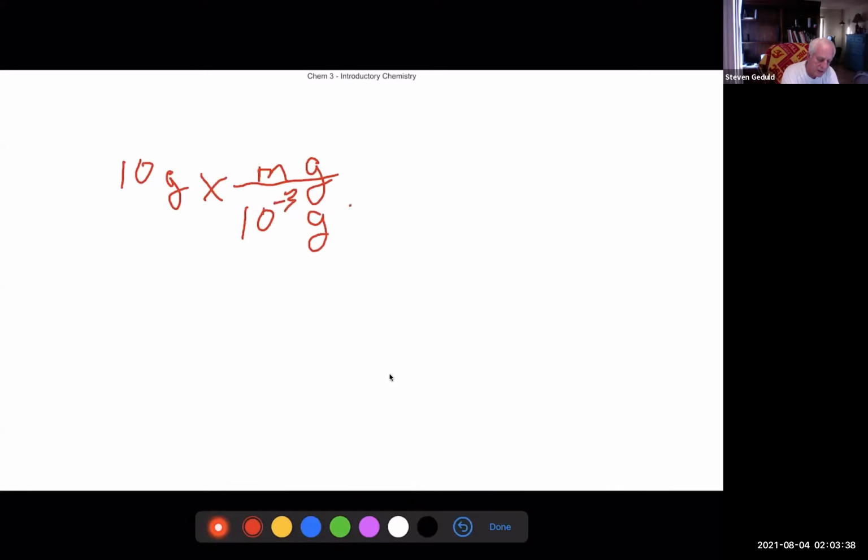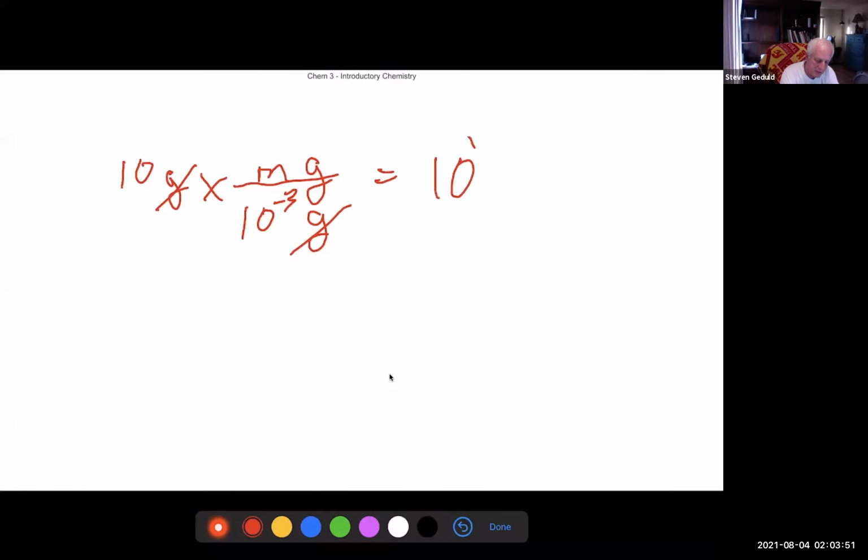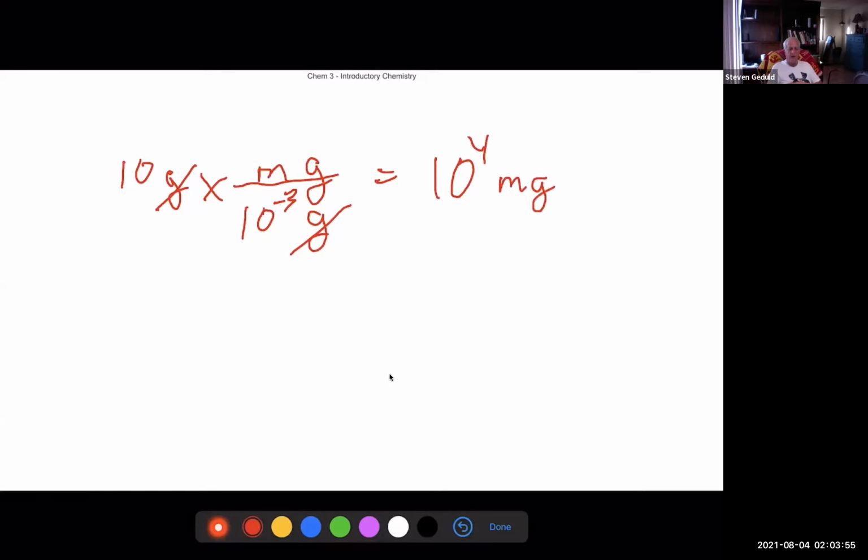And you see grams cancel, and you're left with milligrams. 10 to the minus 3 comes out to 10 to the 4th milligrams. But remember, we bring a number up, we change the sign. So it's 10 to the 3rd times 10 to the 1 is 10 to the 4th. And we're left with milligrams.